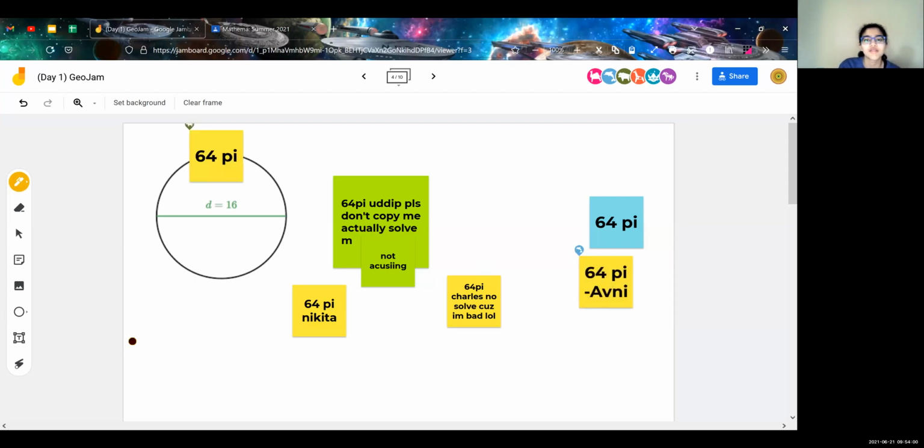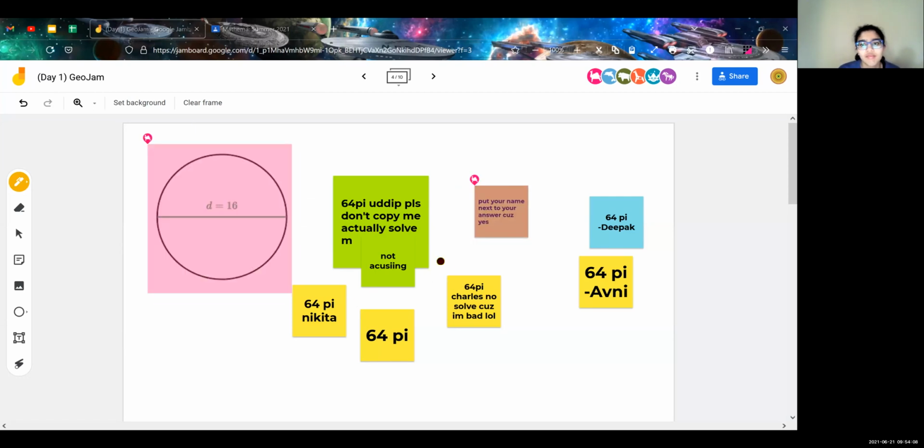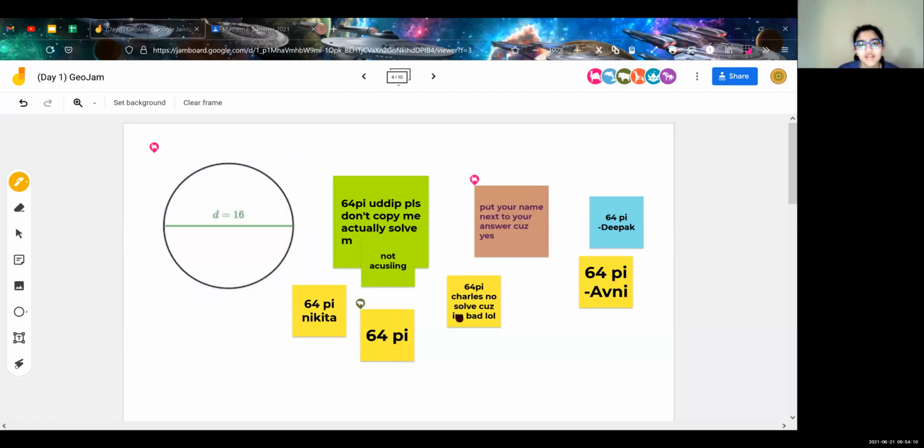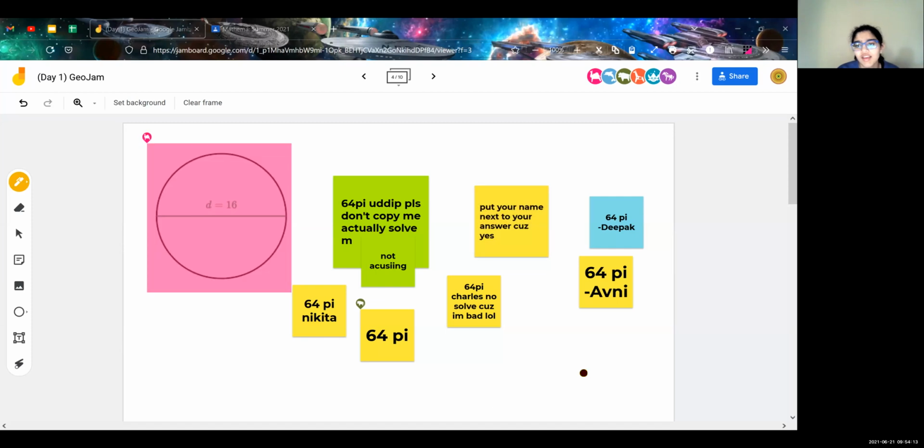So 1, 2, 3, 4, 5. Yeah, 6 answers. There are 6 people in this Jamboard, so I'm assuming everyone answered. There's one other person who's supposed to be in the Jamboard who isn't, so that's kind of disappointing.